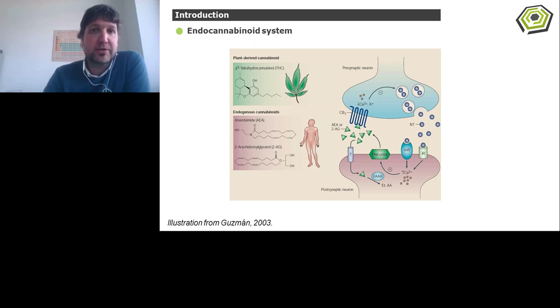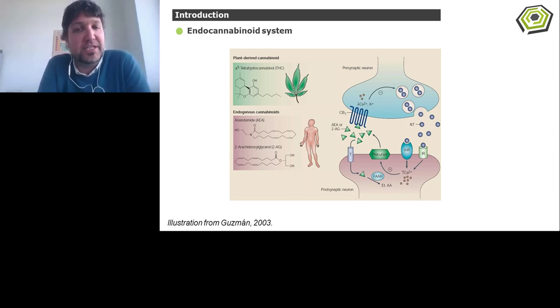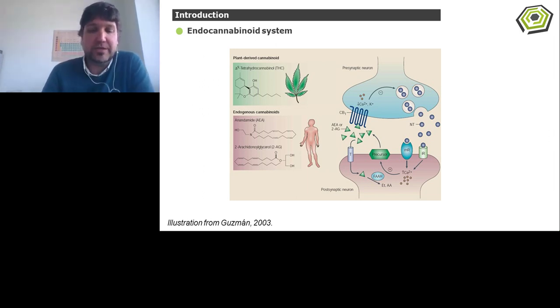The target for these molecules is called the endocannabinoid system, and it is composed of some of the players I already mentioned, such as the cannabinoid receptors CB1 and CB2, the ligands that activate them, anandamide and 2-AG, and the enzymes responsible for the synthesis and degradation of these ligands.